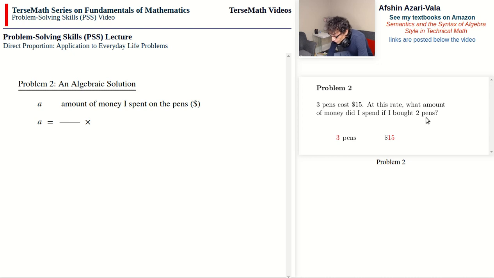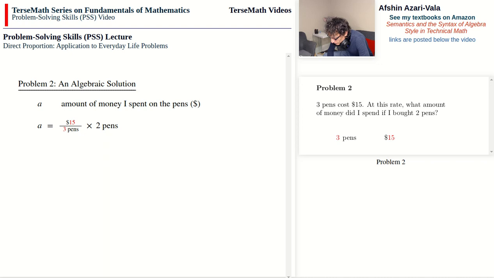We want to find the amount of money that we spent on 2 pens, and we write it after the times, and this gives us the equation A equals some division times 2 pens. And now again the numbers in the relationship, 3 pens and $15, will go on top and bottom of the division here. And to figure out which one goes where, we use the unit pens and match it down here. So 3 pens goes down and $15 goes on top.